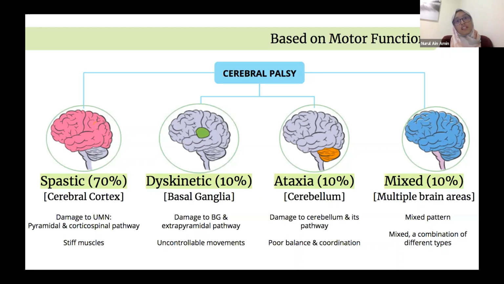It is basically damage to the upper motor neuron, an upper motor neuron lesion that affects the pyramidal and corticospinal pathway in the cerebral cortex. That's what causes stiff muscles, which is spasticity. And then we have dyskinetic, ataxic, and mixed, where mixed is basically a mixture of those types. They're less common, with 10% for each.